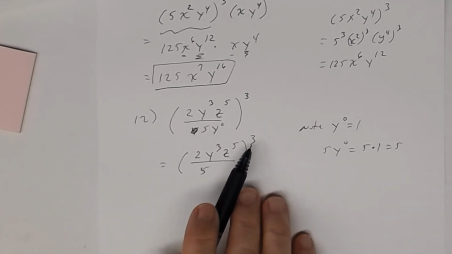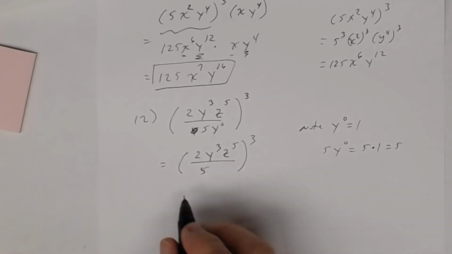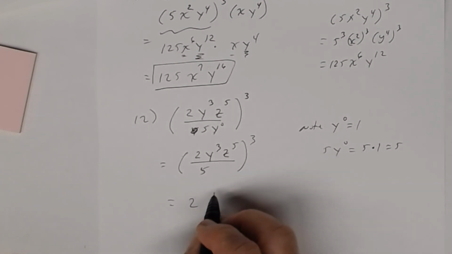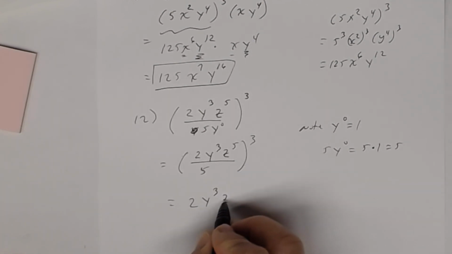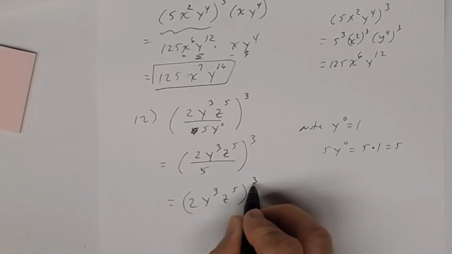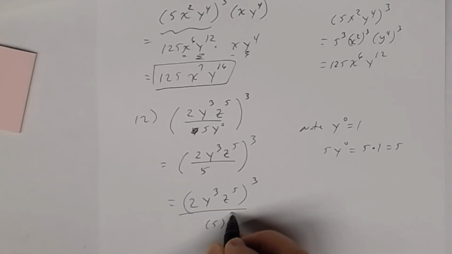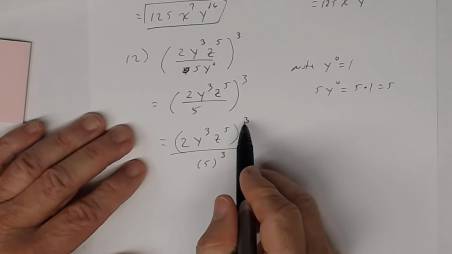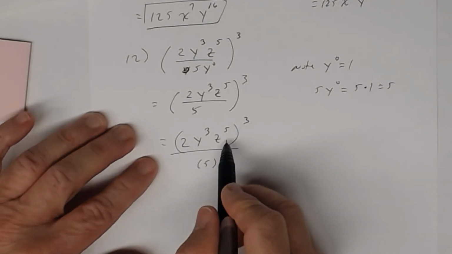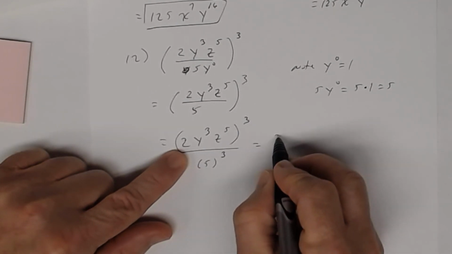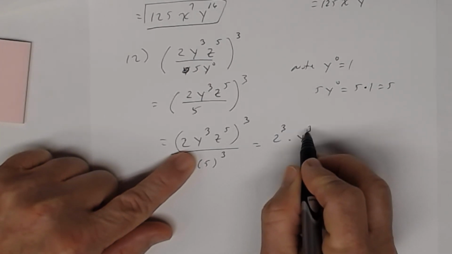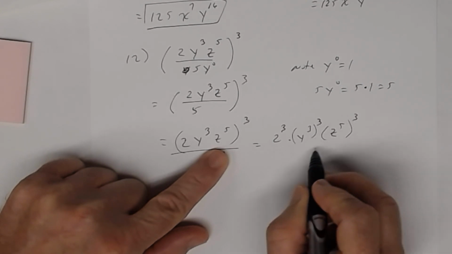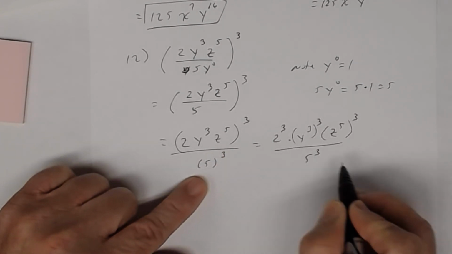And now I'm taking the power of a quotient. So you can take the numerator, raise it to that power, so 2y cubed z to the 5th, all raised to the 3rd power, and the same thing in the denominator. And then in the numerator, you're taking the power of a product, so you can say 2 to the 3rd times y to the 3rd cubed times z to the 5th cubed, divided by 5 cubed.